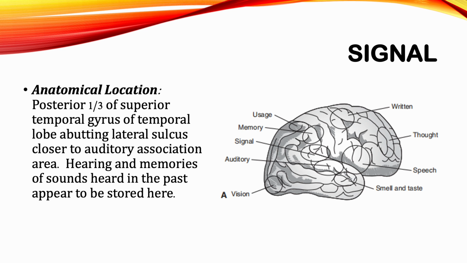The signal area. Anatomical location: located at the posterior one-third of the superior temporal gyrus of the temporal lobe, abutting the lateral sulcus, closer to the auditory association area. Hearing and memories of sounds heard in the past appear to be stored here.